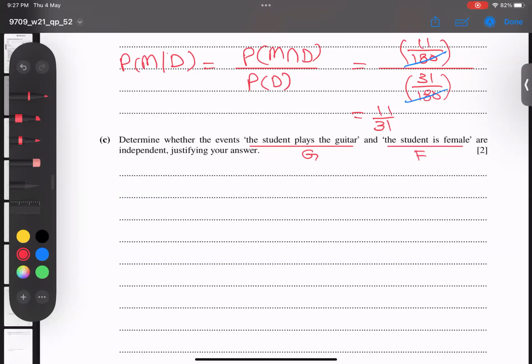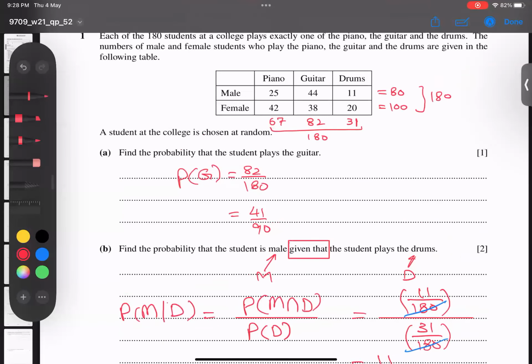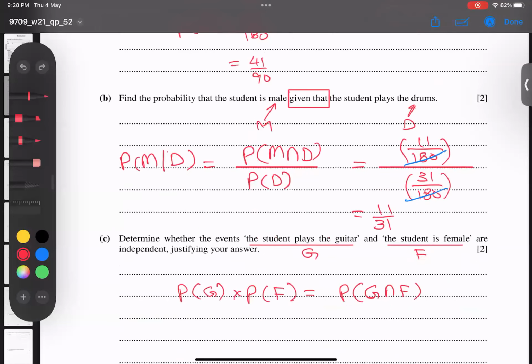Whenever we need to prove independence, we have this formula: the probability of guitar times the probability of female must equal the probability of guitar and female. If this is true, then they are independent, otherwise not independent. First, guitar we have already found: 41 over 90.